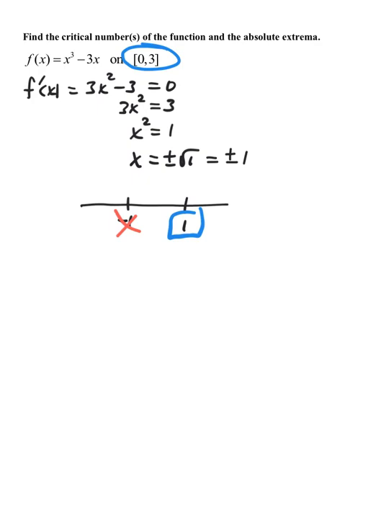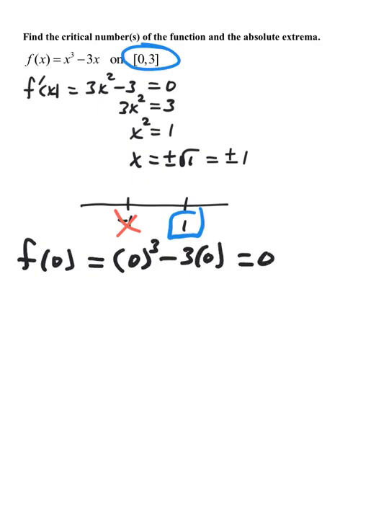F of 0, f of 1, because that's the only critical number in that closed interval. One minus 3, what's that, negative 2.